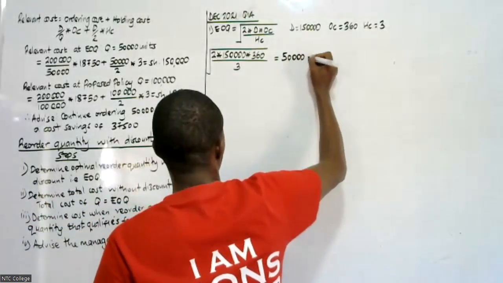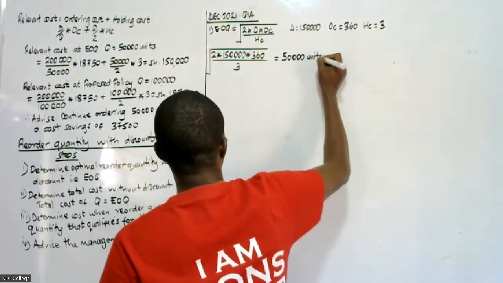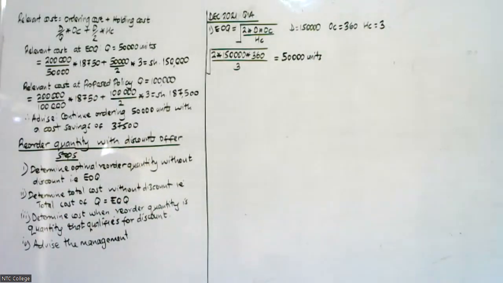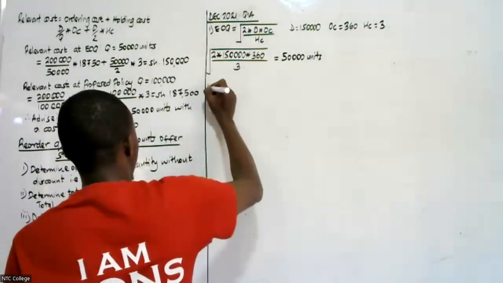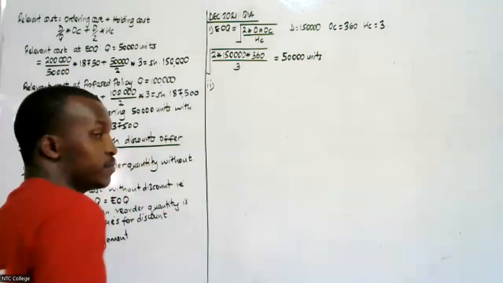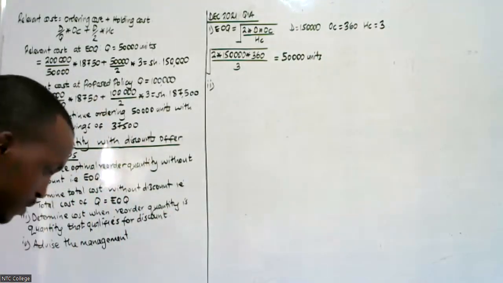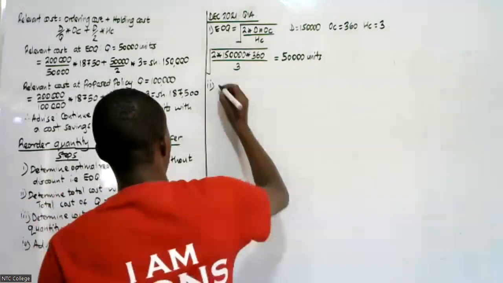So if they buy 6,000 units of components, their cost of inventory will be minimal. And your ordering cost and holding cost of inventory using the EOQ.